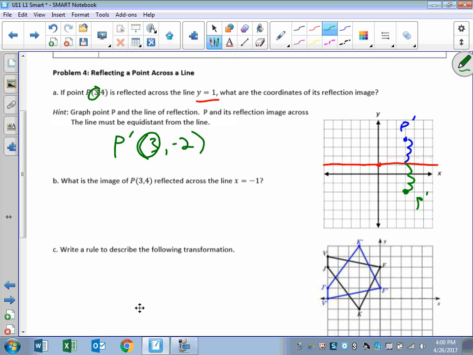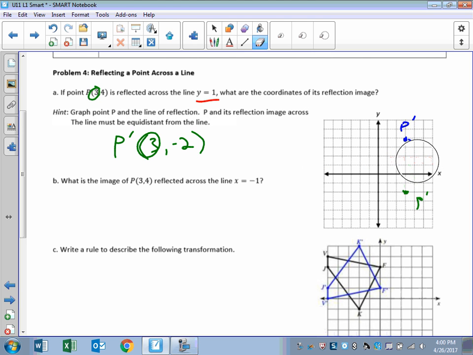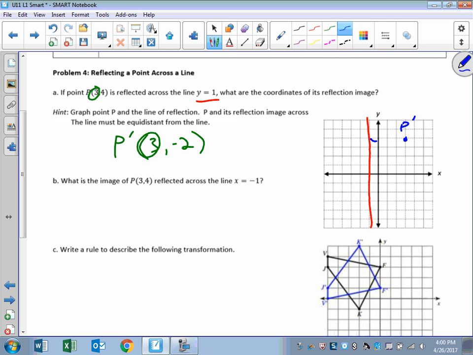Now the opposite is going to be true if you reflect over a vertical line. So the next part of the example, we got x = -1. So that's going to be here. So we are 1, 2, 3, 4 away.